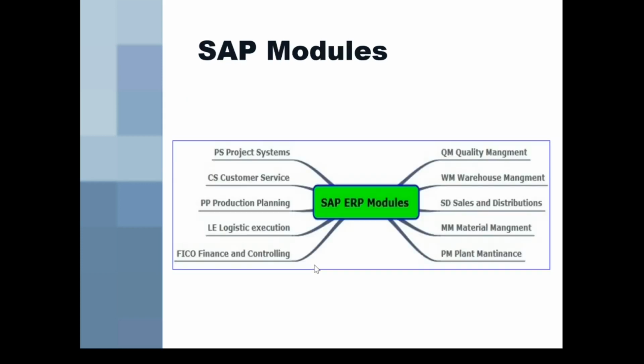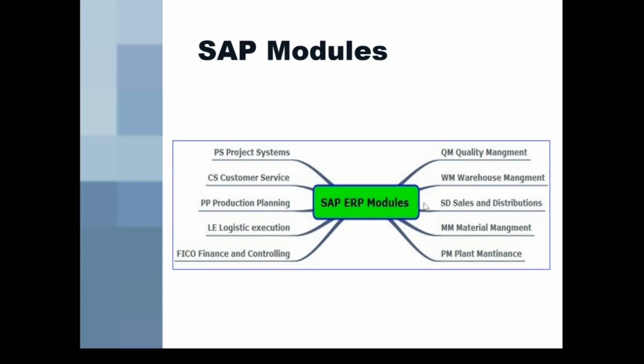Okay, so let's get to the SAP modules. We looked at SAP modules, and this is just a mind map that I talked about in the previous video. Looking at these SAP ERP modules, PS represents project system, CS is customer service, and SD represents sales and distribution.